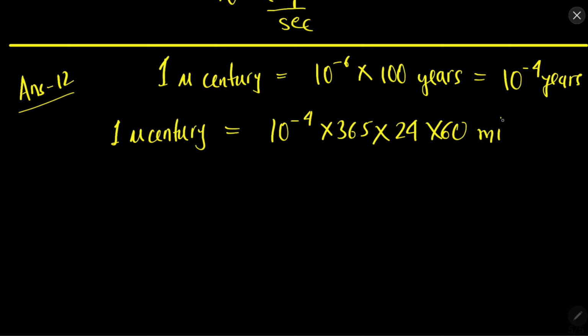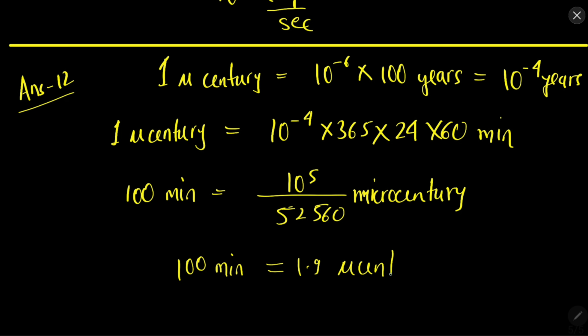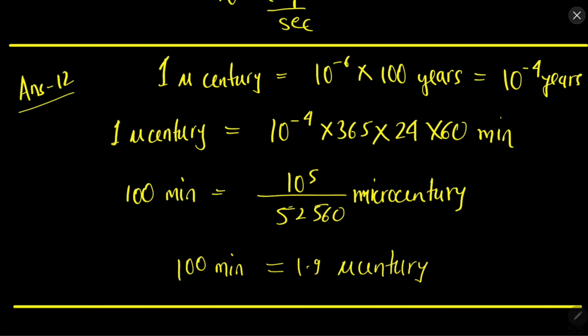So this will give us in minutes. So 100 minutes will be equal to 10 to the power 5 upon 5 to 560 micro century. After simplification, 100 minutes will be equal to 1.9 micro century. So in 100 minutes 1.9 micro centuries will be there.